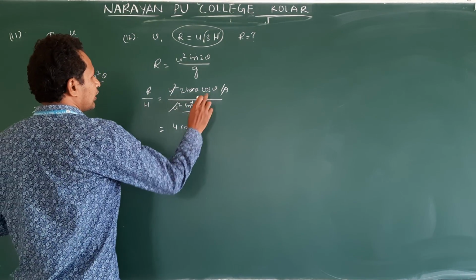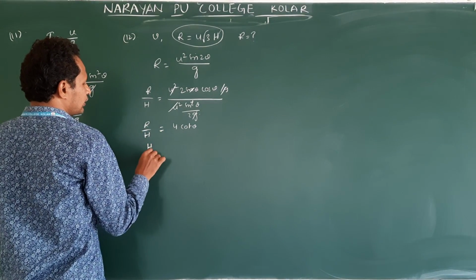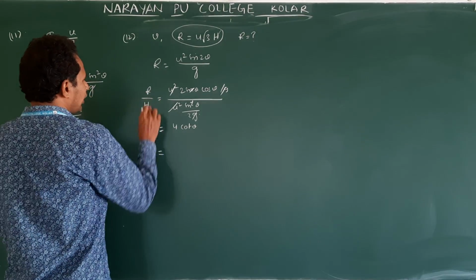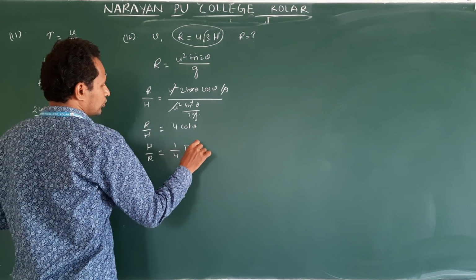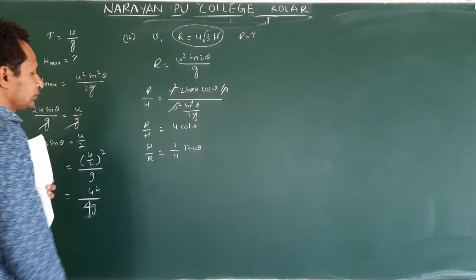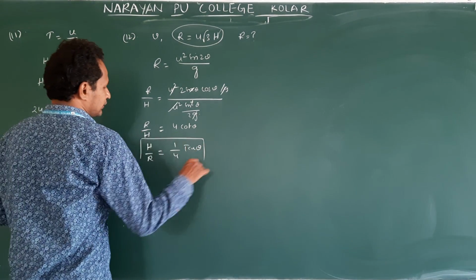Am I correct? That is R by H. Then H by R, what do you get? 1 by 4 tan theta, right? This is the relation.